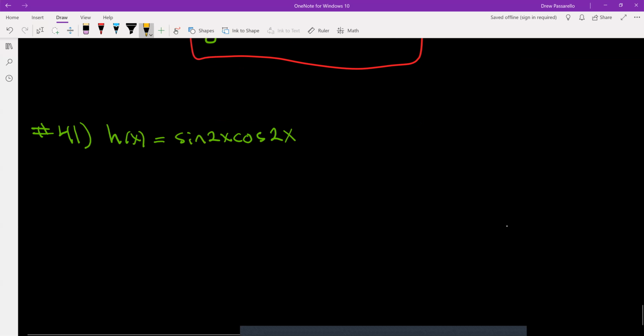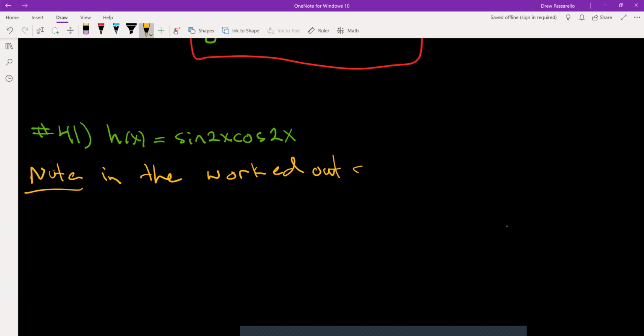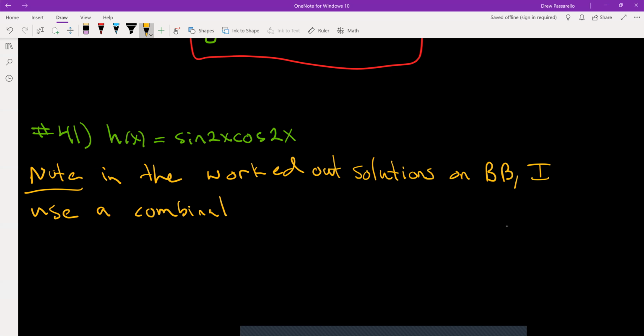So I'm going to make a comment note. In the worked out solutions on Blackboard, I use the product rule. Really, it's a combination of product rule and chain rule.